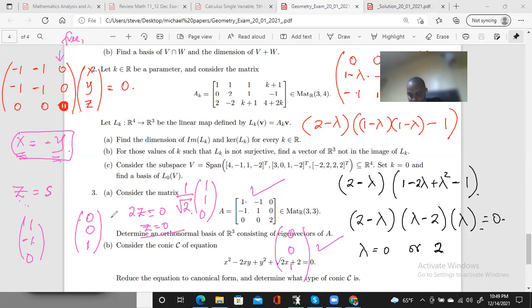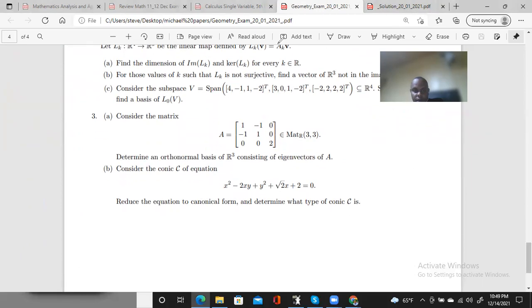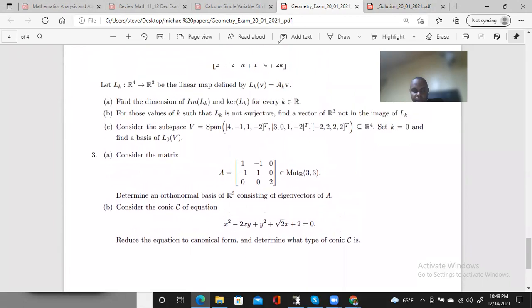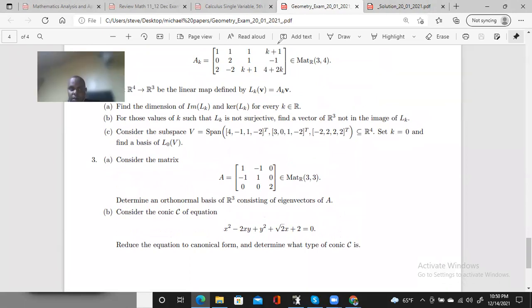Understand. So we could go to 3B. I think once we finish this paper, those are about conics. Yeah, I did some conics. The last lectures were about conics. But it's very broad.